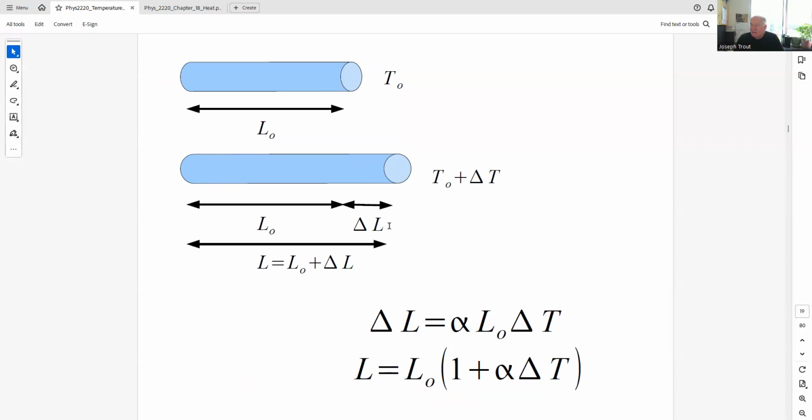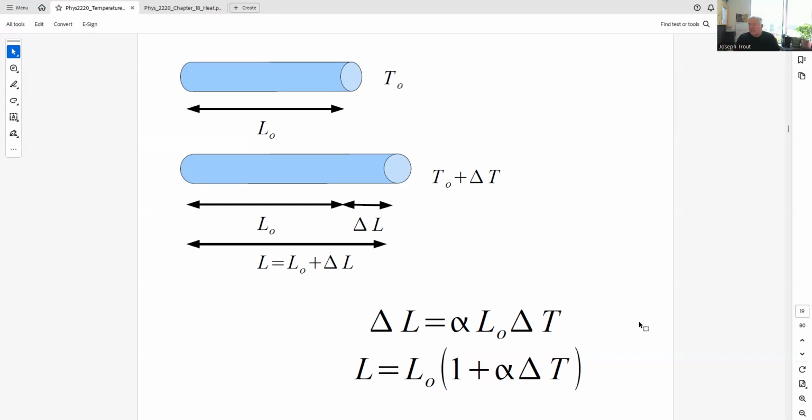And when it expands, we'll consider that extra length delta L. So now the original length we'll call L naught, and the change in length we'll call delta L. In this case, we assume that the change in L is proportional to the change in temperature and the initial length, and some constant that depends on the material.